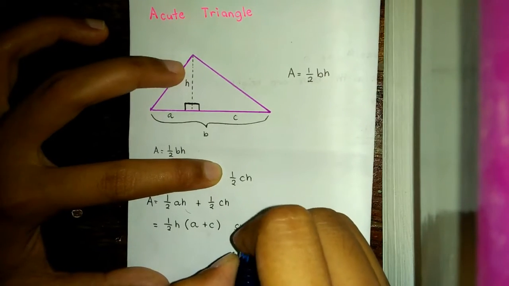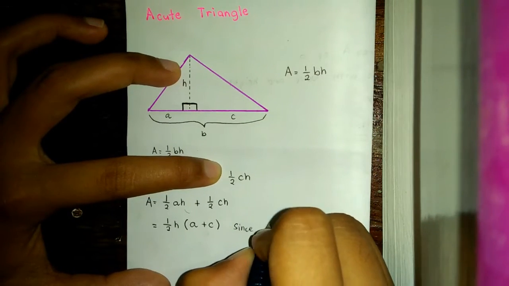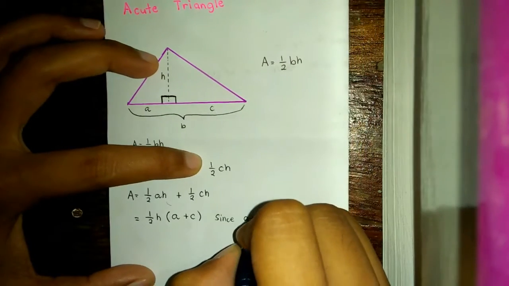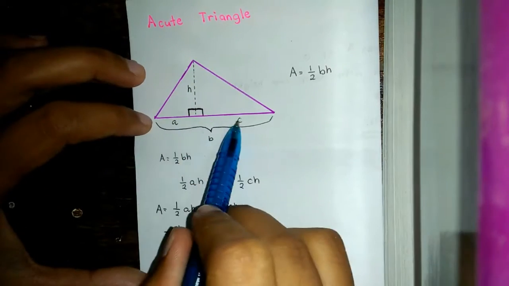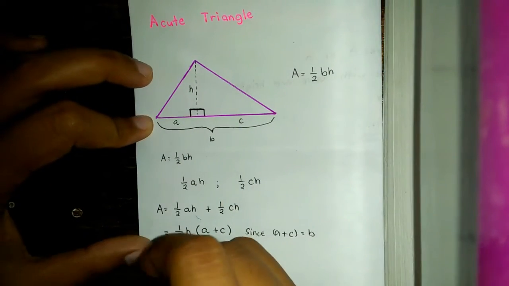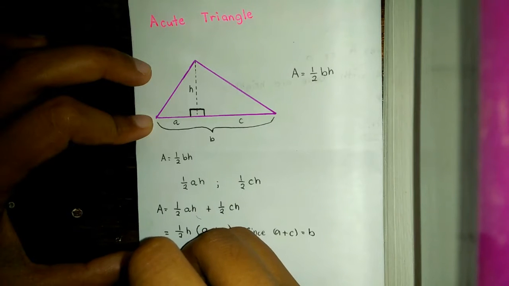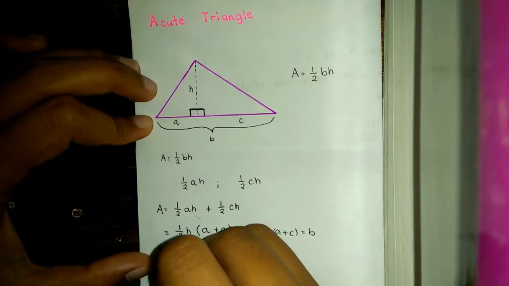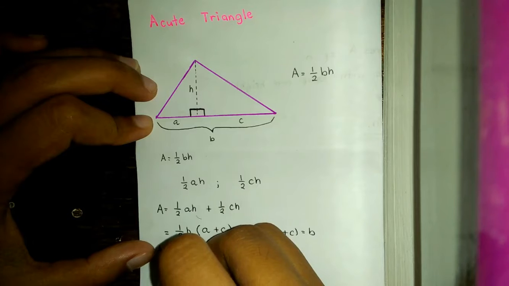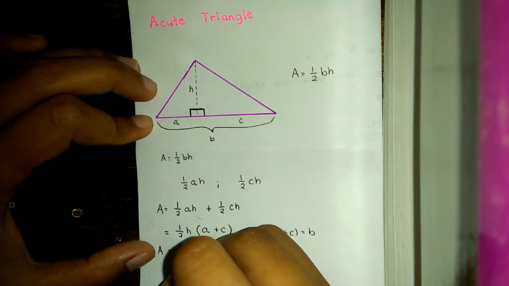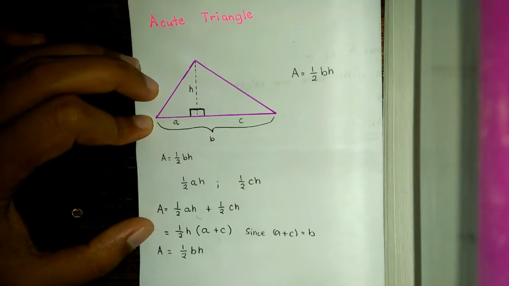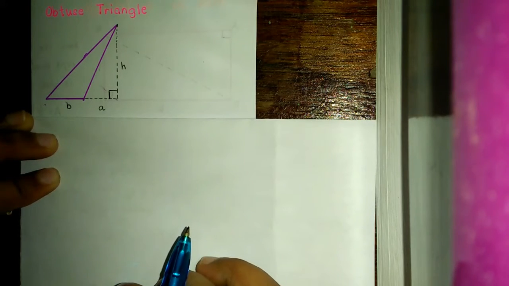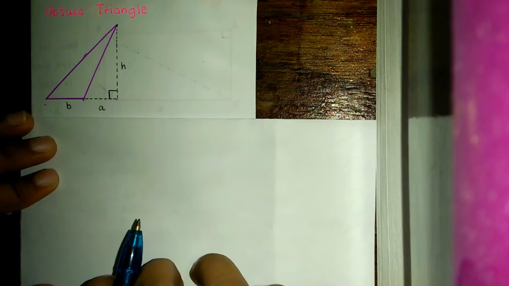Since a plus c is equal to b here, so A, or the area of an acute triangle, is 1/2 base times height. Just the same. And we are done with finding the area of a right triangle and an acute triangle.